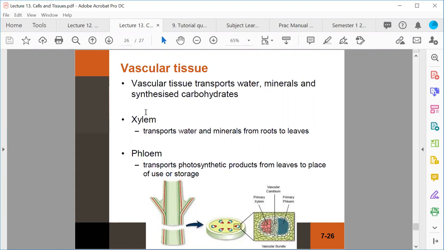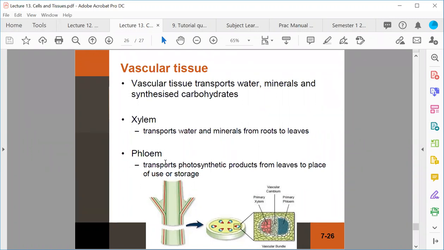The xylem is responsible for transporting water and minerals, which are taken up from the soil solution by the roots. The water and minerals are transported always in an upwards direction towards the leaves. So that's the xylem vascular tissue.